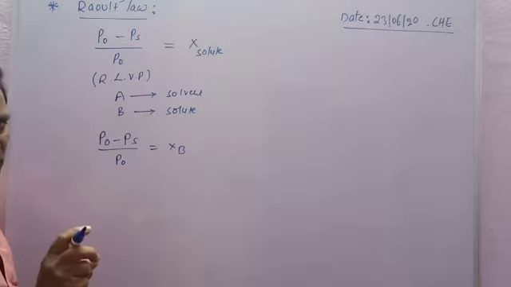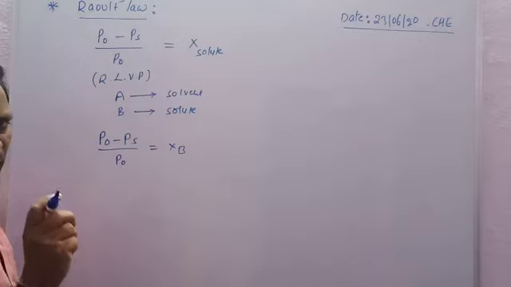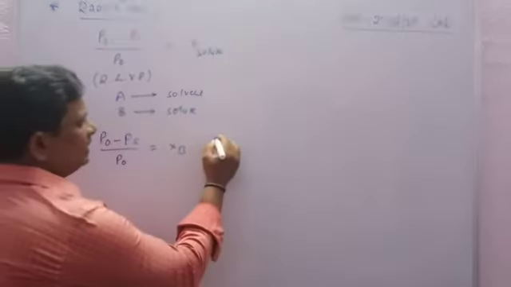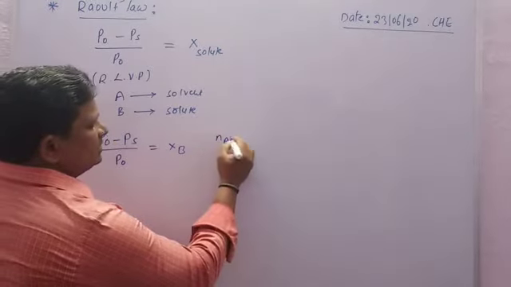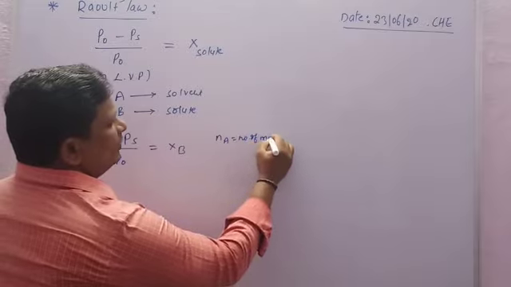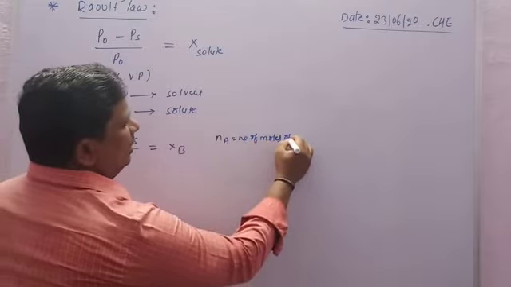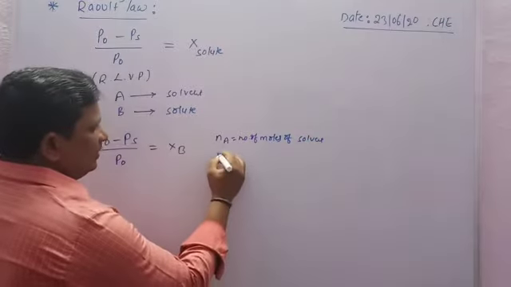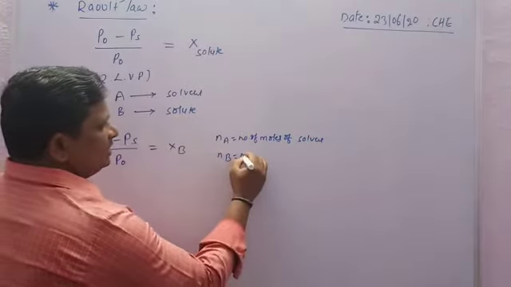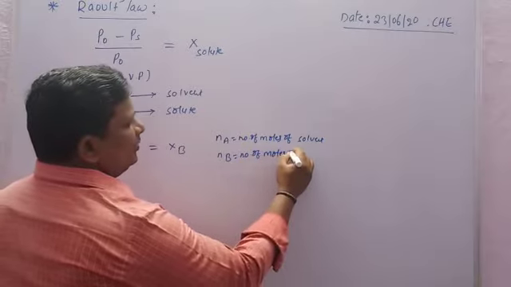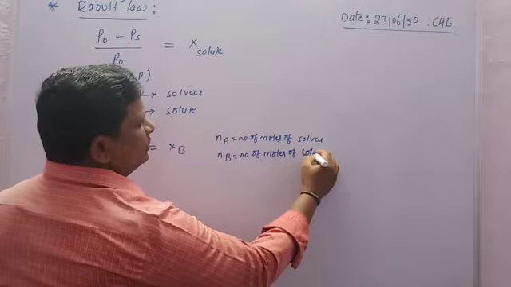Generally, the mole fraction is the number of moles of that component by the total number of moles. Here Na is the number of moles of solvent, and Nb is the number of moles of solute.